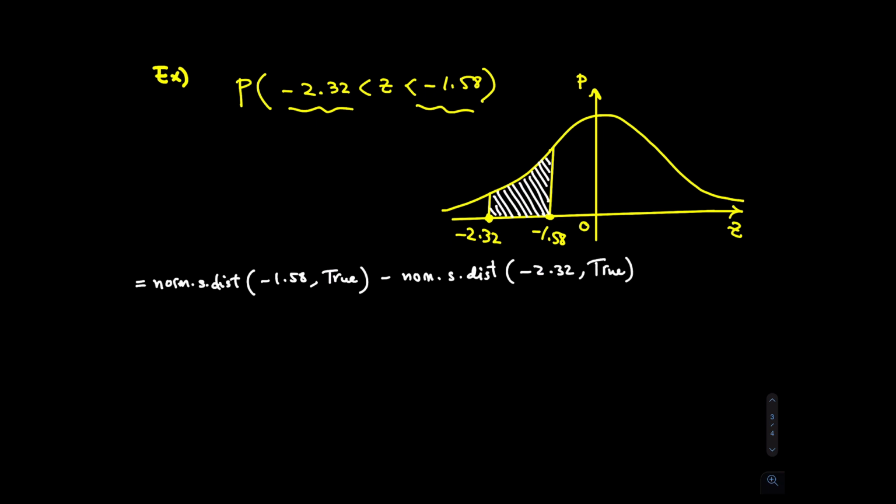If you execute that and round to 4 decimal places, it'll be 0.0469. So it's a small area, about 5%, and that's the answer for that.